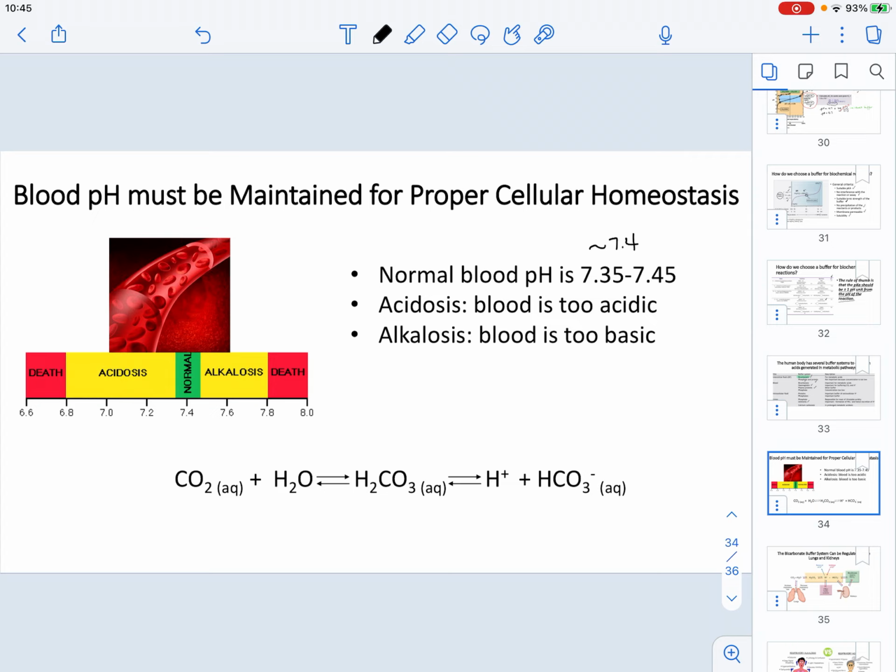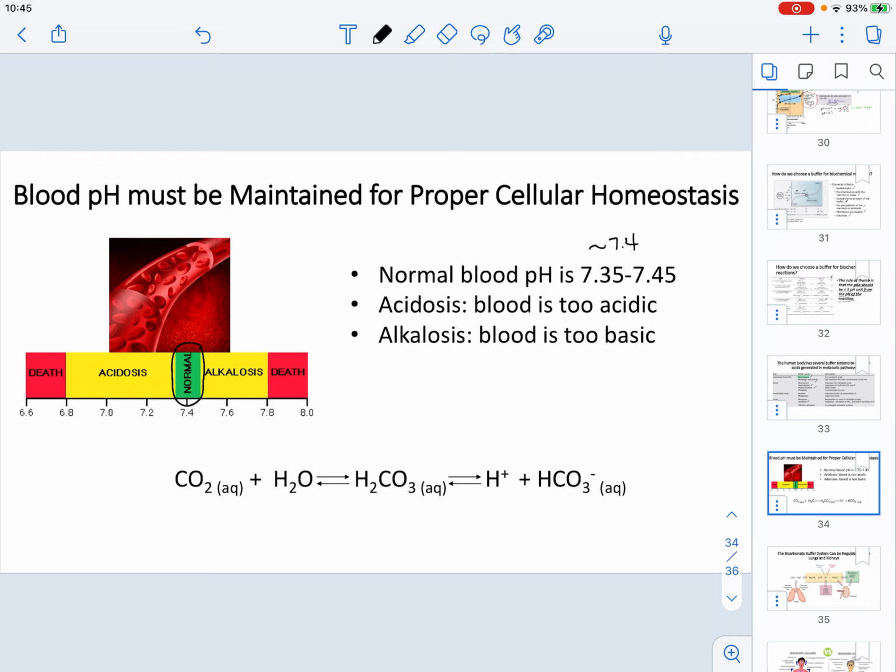Now, understand that in that range, which is here in this green area, it is tightly controlled by the bicarbonate system, which is the buffer system that you see in the chemical reaction right here. If the pH extends away from that, as you can see, there are conditions that result from it.